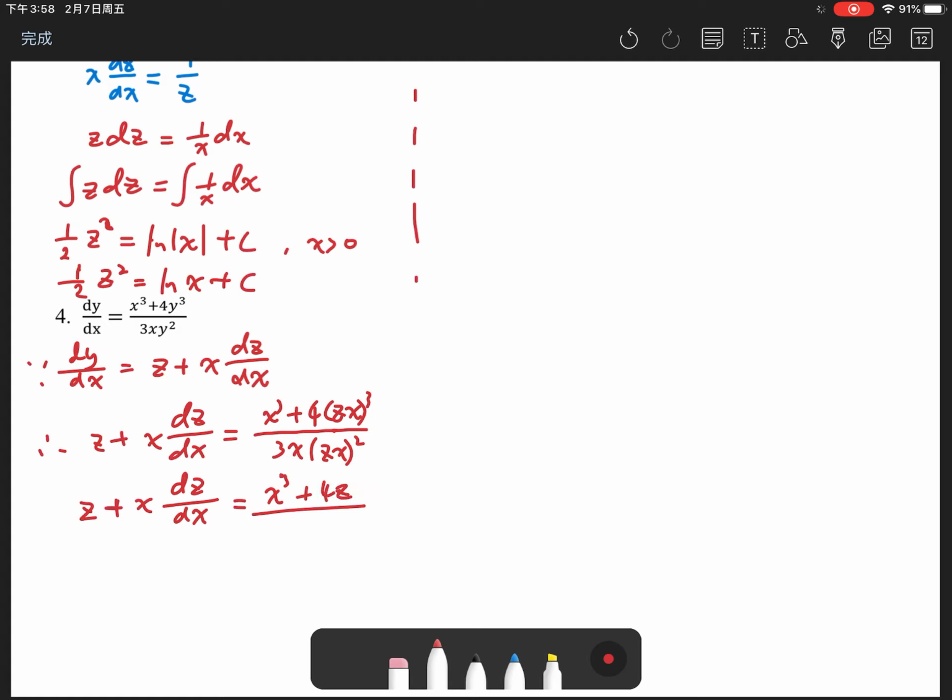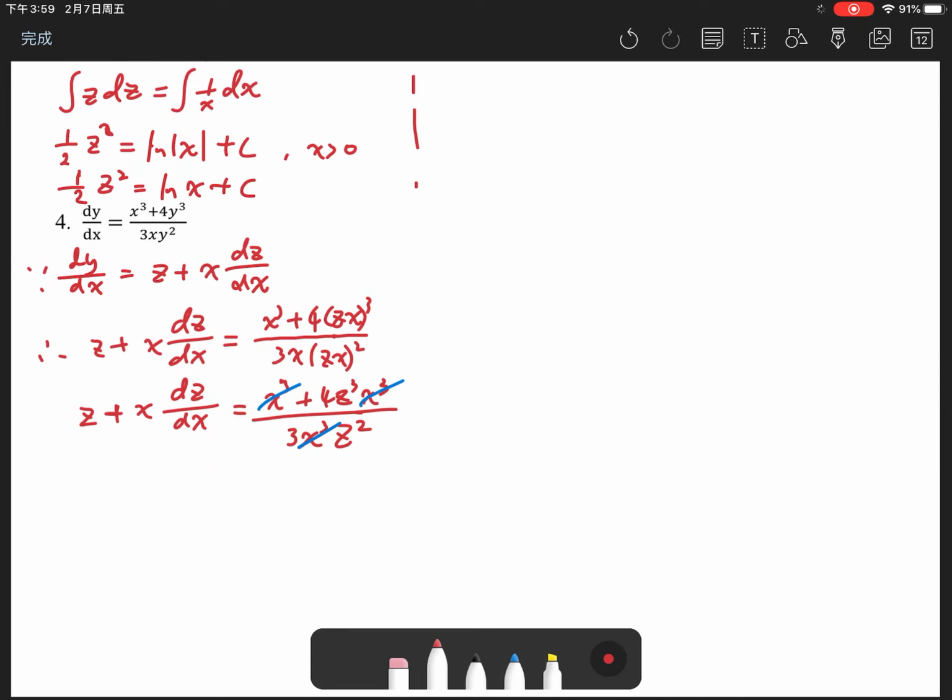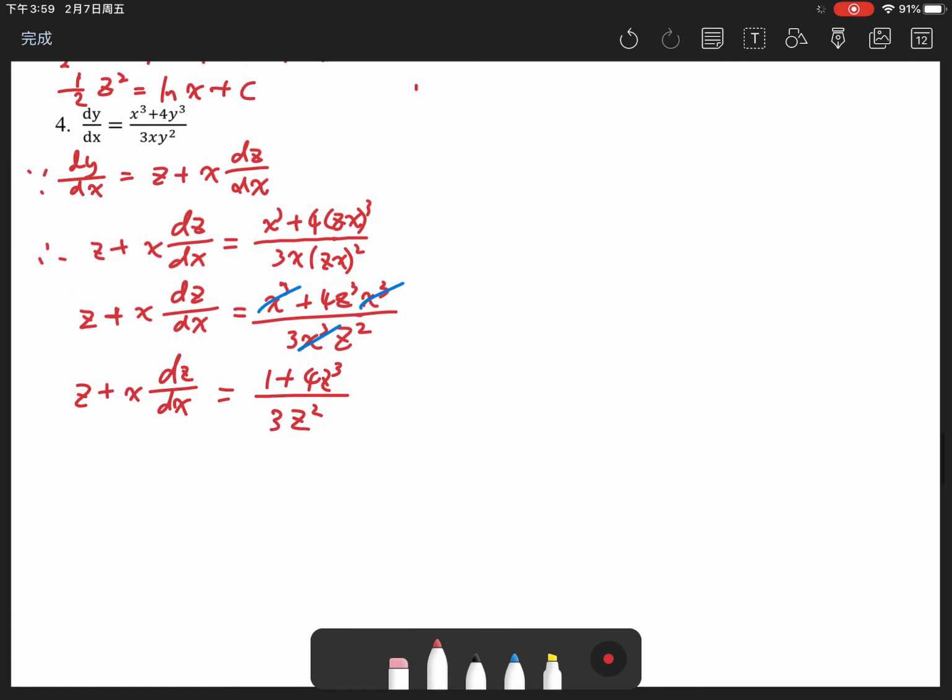Z plus x times dz by dx equals x cubed plus 4z cubed x cubed over 3x cubed z squared, and then we cancel the common factor x cubed. Finally it is z plus x times dz by dx equals 1 plus 4z cubed over 3z squared.